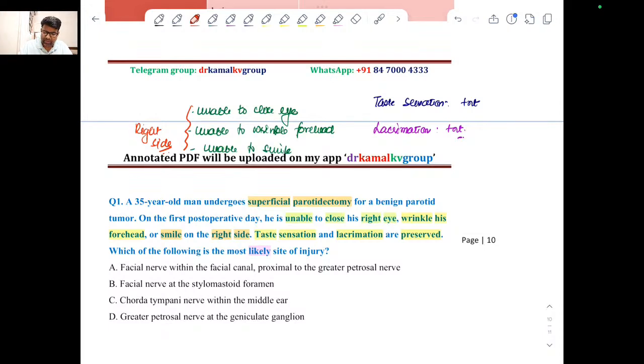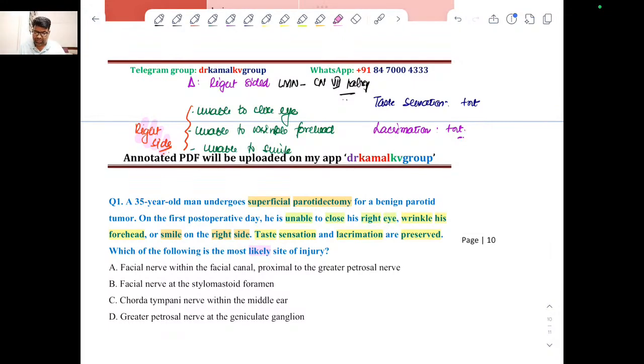So this is involving the complete right side of the face, so we can make a diagnosis. So this is right sided lower motor neuron facial nerve palsy, because it is involving the entire face.